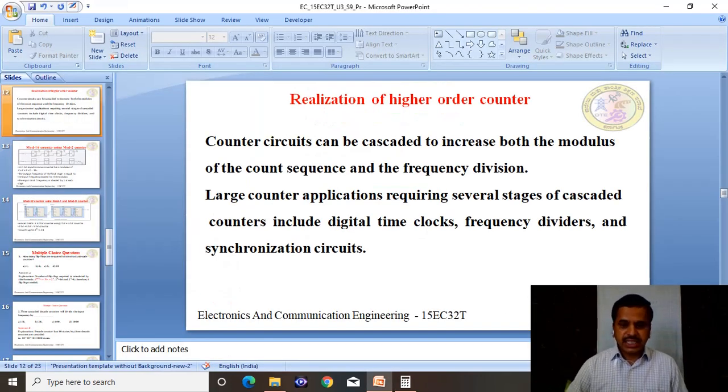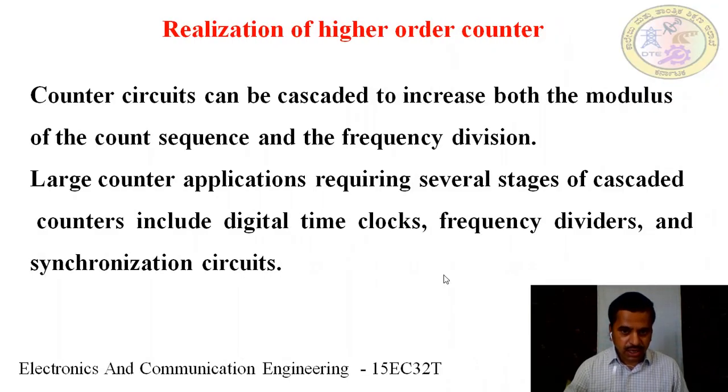Now let us discuss the realization of higher order counters using lower order counters. Counter circuits can be cascaded to increase both the modulus of the count sequence and the frequency division. As I told you, when a number of flip-flops are connected in cascade, the frequency goes on dividing by 2 at each stage.